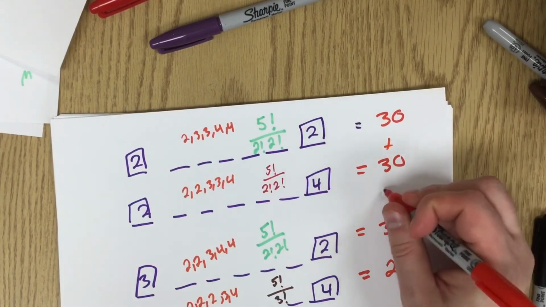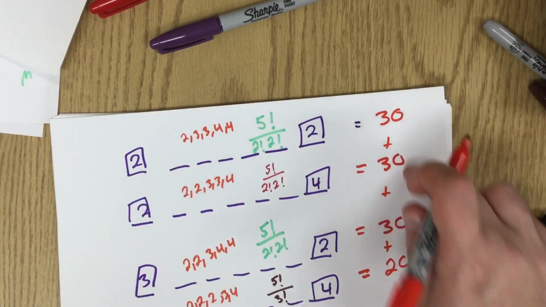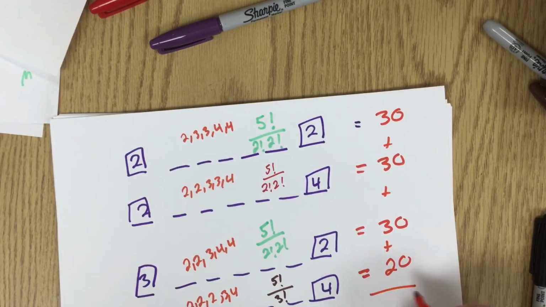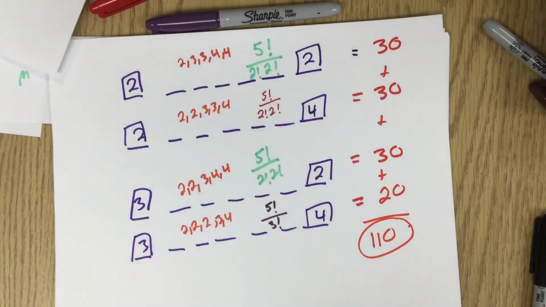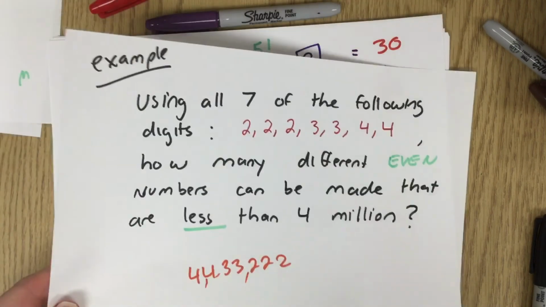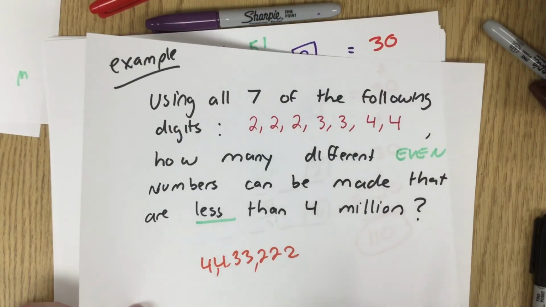These are the cases, so we add them up: 30, 30, 30 is 90, plus 20 is 110. So there are 110 numbers that are even and less than 4 million.